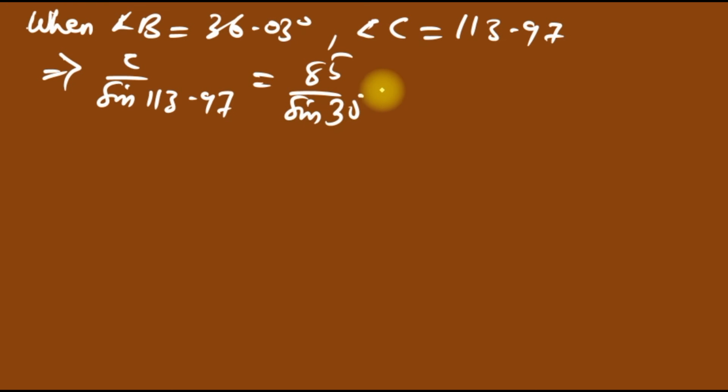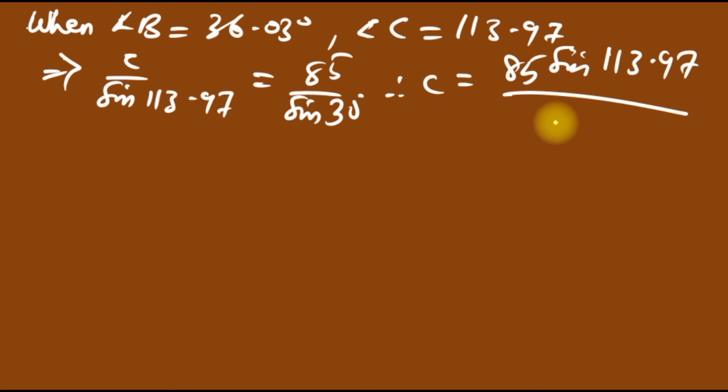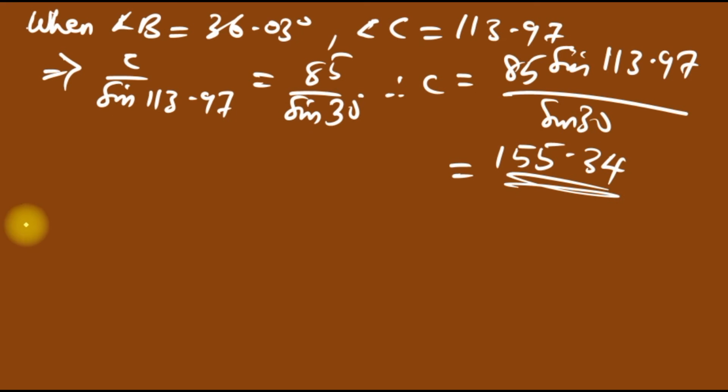So we are looking for c, therefore c must be equal to 85 sine 113.97 over sine 30, which is 155.34. So that's our c.